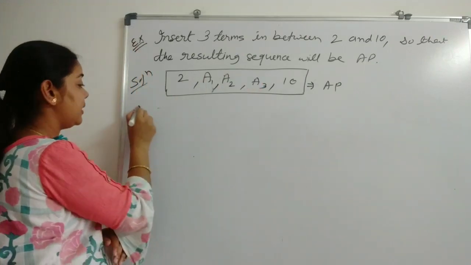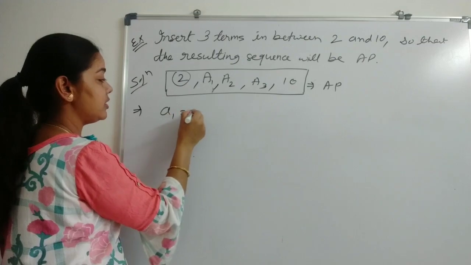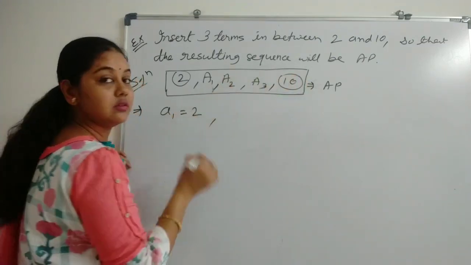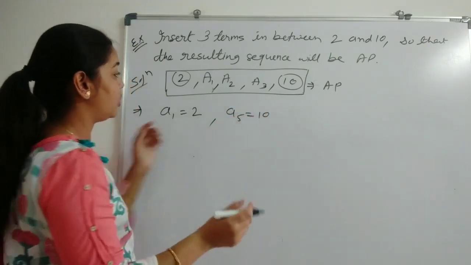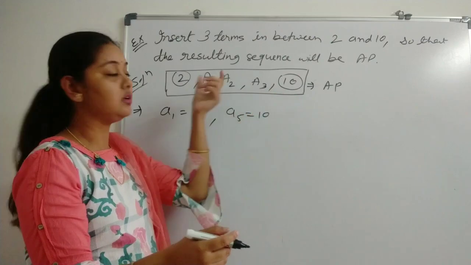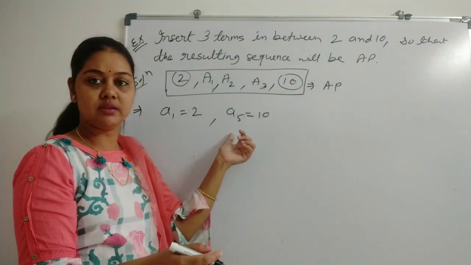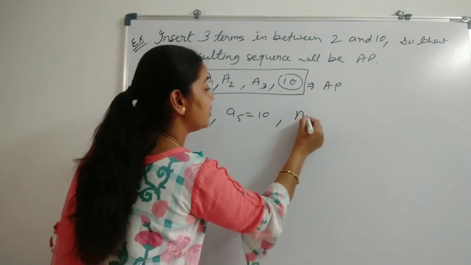If it is in AP, then this 2 is the first term and this is the fifth term, because the total number of terms here is 3 plus 1 plus 1. Total 5 terms are here, and this is the fifth term.